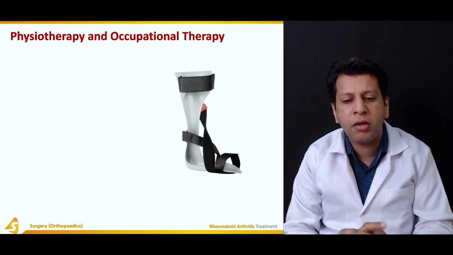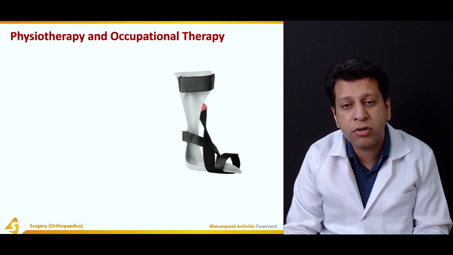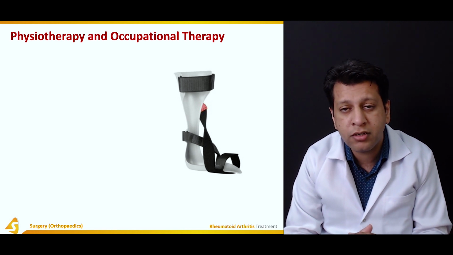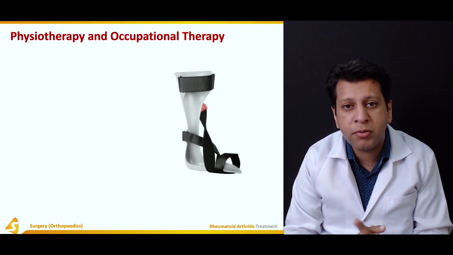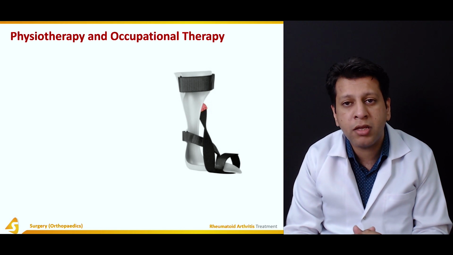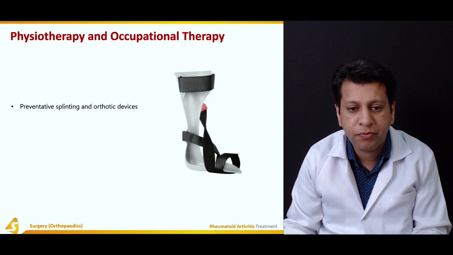Now, the role of physiotherapy and occupational therapy: as we know, there is an increased amount of stiffness in the joints, so physiotherapy is needed so that the joints remain supple and, despite deformity, the patient is able to carry out his or her activities of daily living.